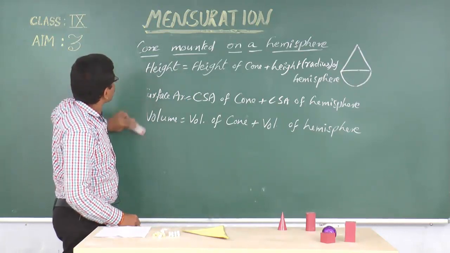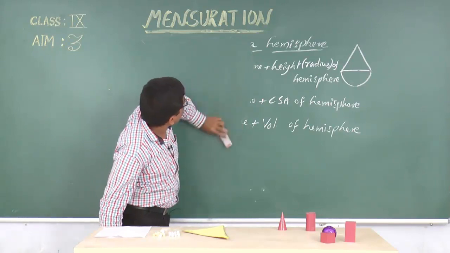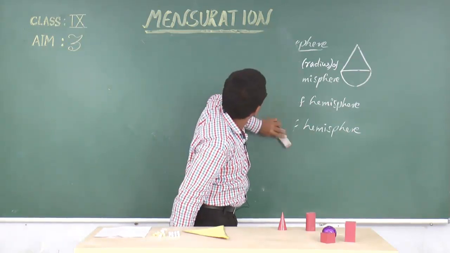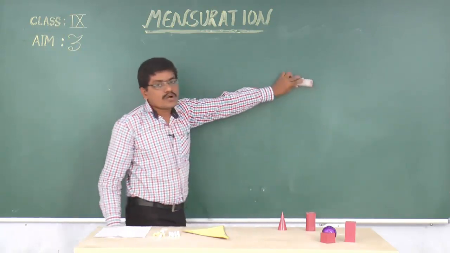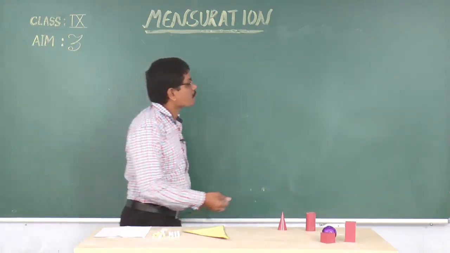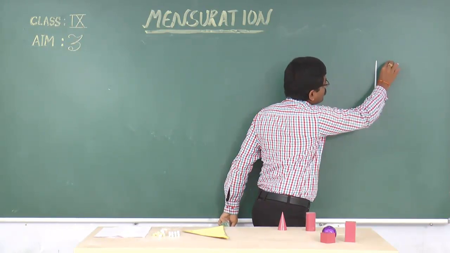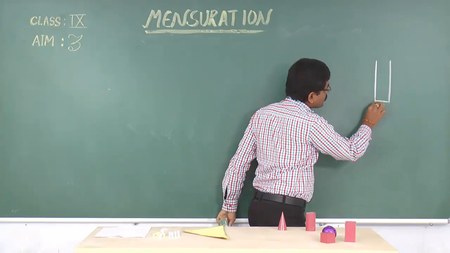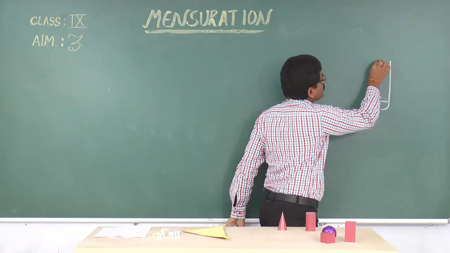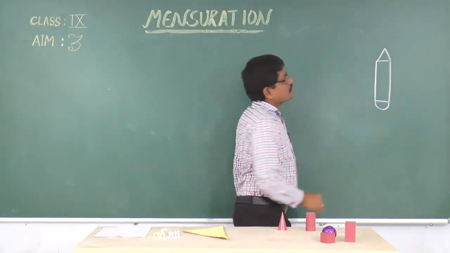And next, now we will join three solids: cylinder, hemisphere and cone.